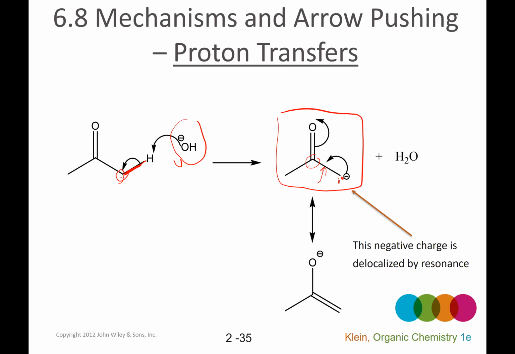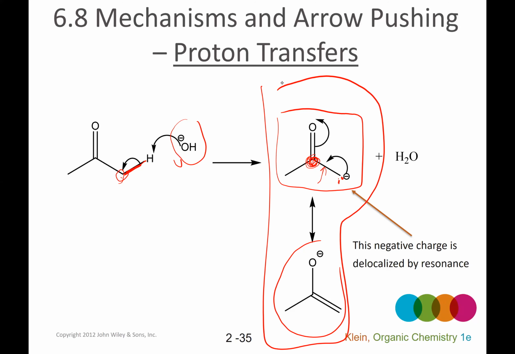And then to avoid this carbon getting 5 bonds, the pi electrons here have to move on to the oxygen, resulting in this, okay? So this whole section here is allylic lone pair resonance. This is the proton transfer we showed in the first step.